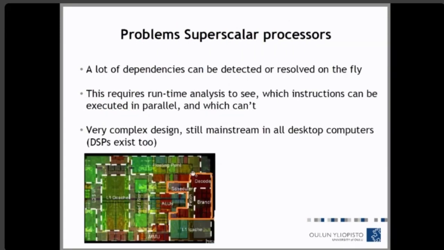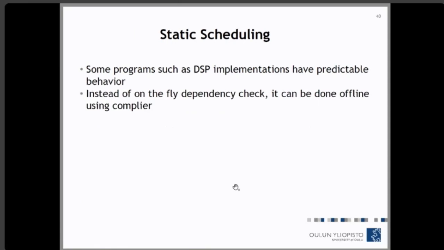And what happens if I save the cost of making these schedulers? Well, do you see this small ILU here? I can have two other ILUs here, and this ILU is the one that does real computation. So I can have three times more real computation instead of having all of this hardware for scheduling.